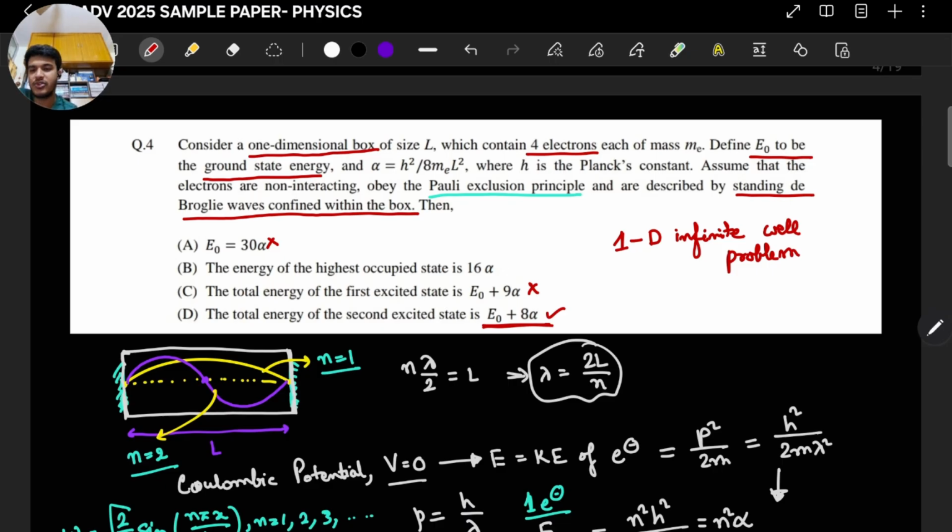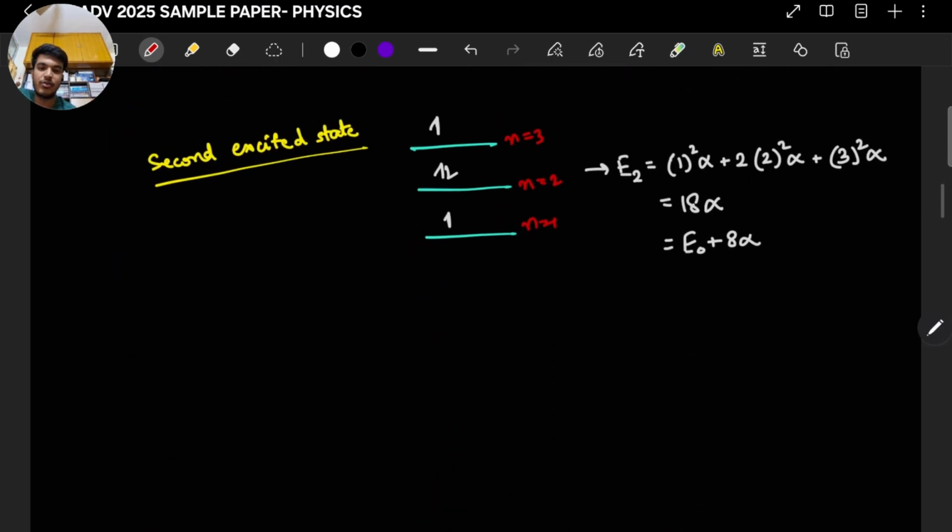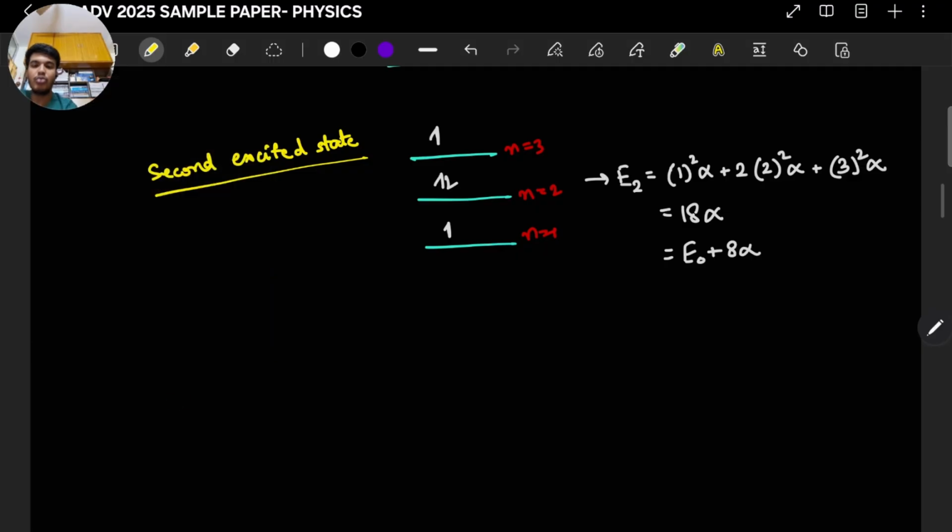So let us check the second option, so that the concept would be clear. What can be the highest occupied state? Let us think from the second excited state that we have already achieved. I cannot excite this electron by keeping the third state empty.